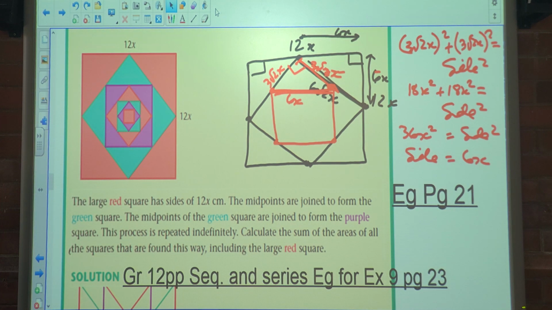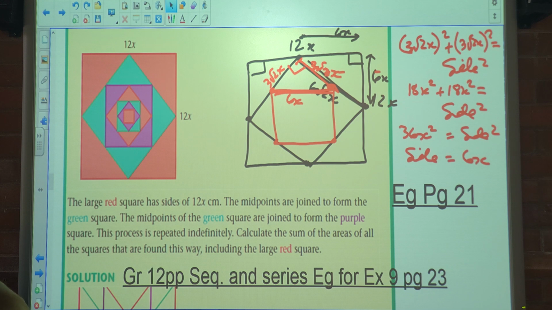So I'm trying to make the purple square. This process is repeated indefinitely. People, indefinitely, then what formula comes to mind? Sum to infinity, which means to say r must be between -1 and 1. Calculate the sum of the area of all the squares. How do you calculate the area of a square? Side times side, not so?